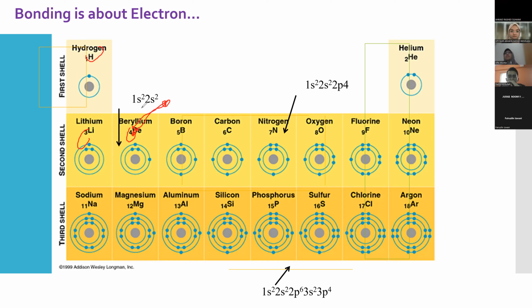Beryllium has 4 electrons. If you write the electron configuration, it is 1s2, 2s2. It is important for us to predict the type of bonding that happens in a material. We have to know the electrons of each element, each atom.